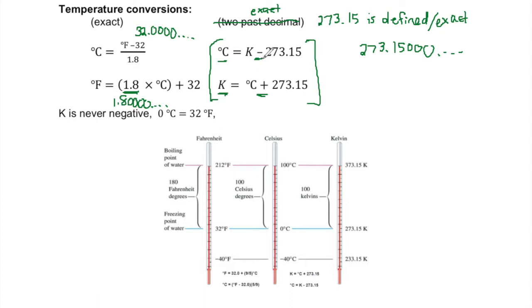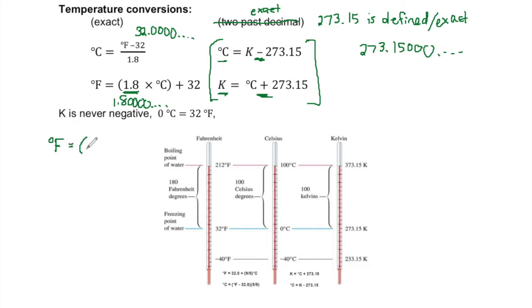So I've given you my trick for remembering whether to add or subtract the 273.15 with the Celsius and Kelvin conversion. For the degree Fahrenheit, I just remember that Fahrenheit is always going to be a larger number, a higher temperature than Celsius. If you've ever looked at the temperature in Celsius anywhere, it's usually a much smaller number. So I know that to get the Fahrenheit, I have to have a bigger number.